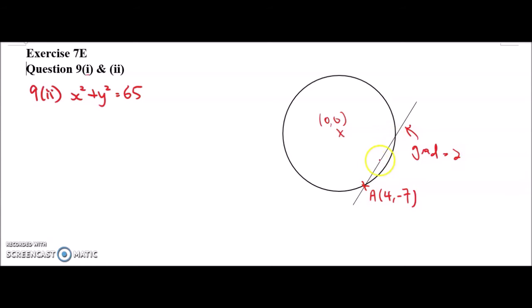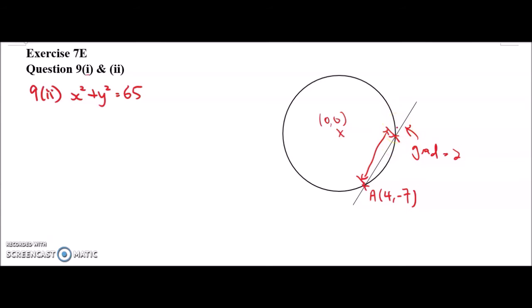In order to find the length of this chord, we need to know the coordinates of the second point where the chord intersects the circle.